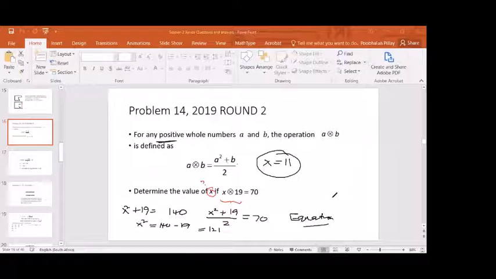So the answer to this problem is 11. Okay, so that wasn't very difficult. You simply have to substitute for that funny looking formula and then have an equation, and that equation will take you straight to the solution.